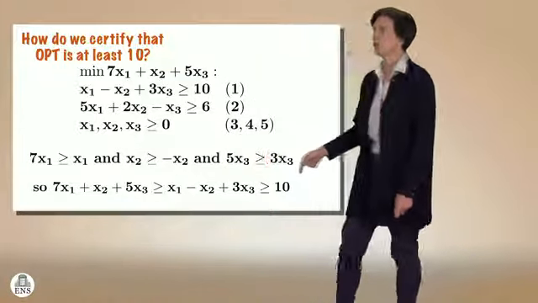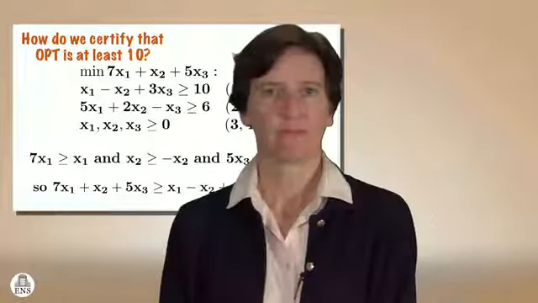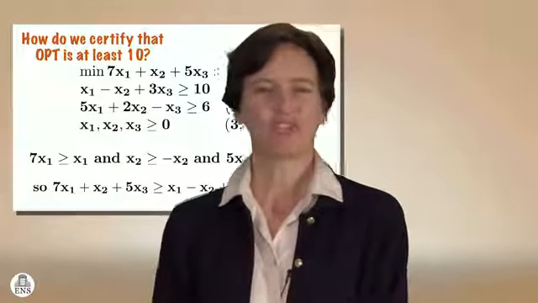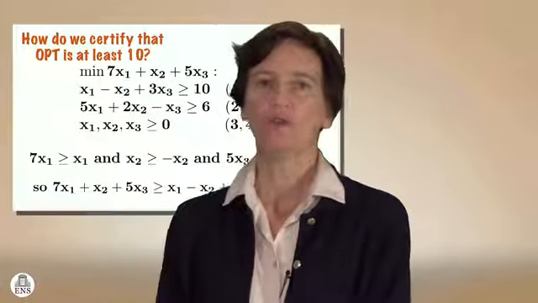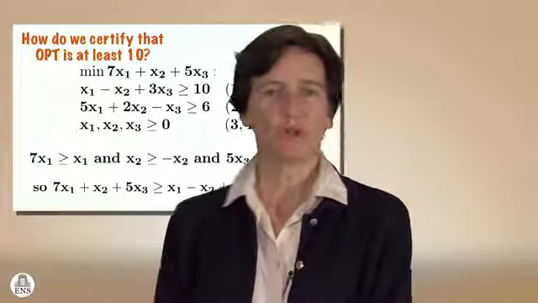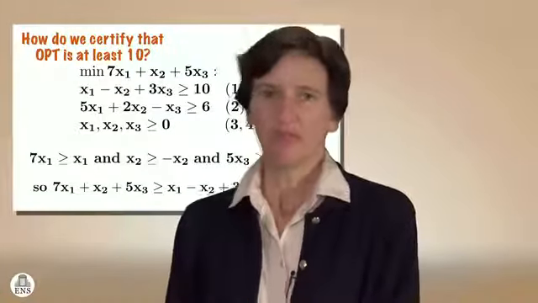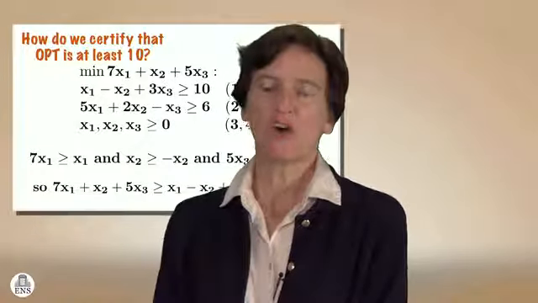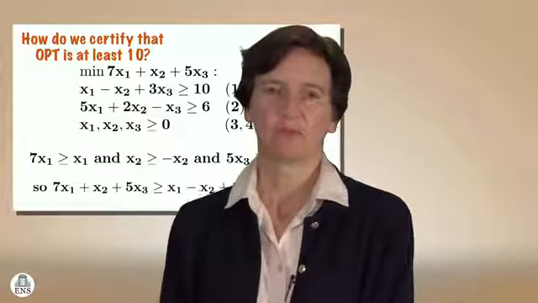So we know that for every feasible x, this is greater than or equal to 10. So we have just certified that opt must be at least 10. All the coefficients of the objective function are greater than or equal to the corresponding coefficients of the first constraint. Therefore, the value of the optimum must be at least the right-hand side of the first constraint.